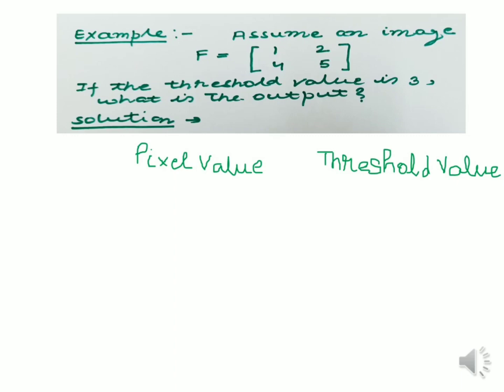Here the pixel value is compared with the threshold value. If the pixel value is greater than or equal to the threshold value, then the output can be written as 1. Otherwise, it will be represented as 0.